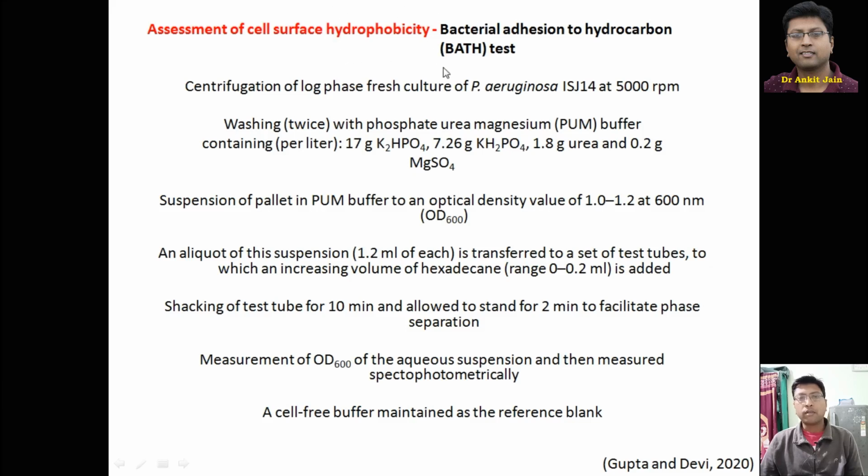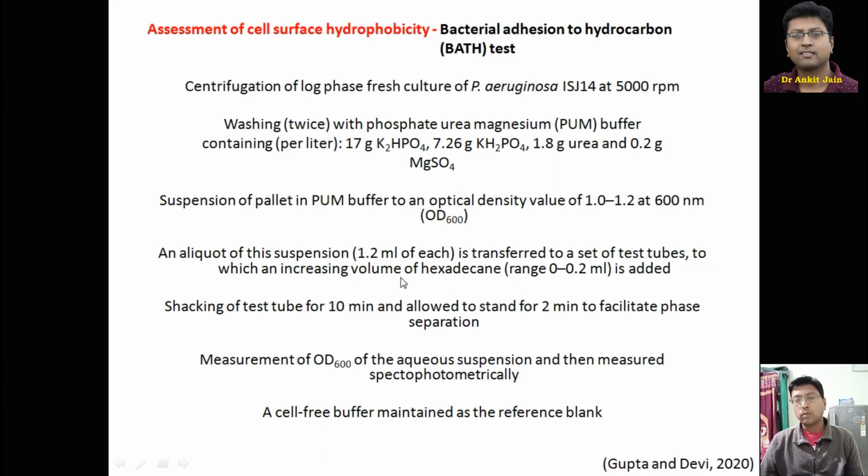The surface hydrophobicity is measured by the BATH test, and in this test, different buffer systems are used. In the test tube, the bacteria and hexadecane are mixed with each other, and finally the bacterial hydrophobicity and plastic hydrophobicity are measured by hexadecane.